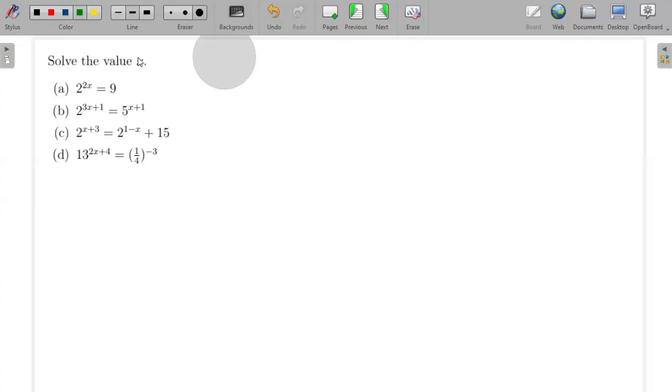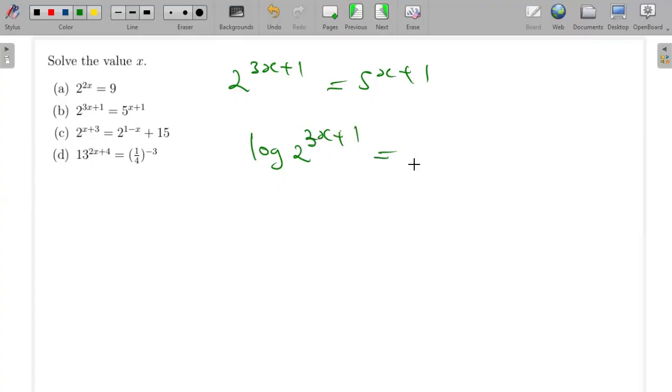So the next question here, we have 2 to the power 3x plus 1 is equal to 5 to the power x plus 1. So this here, I get the log on both sides. I get log 2 to the power 3x plus 1 is equal to log 5 to the power x plus 1.